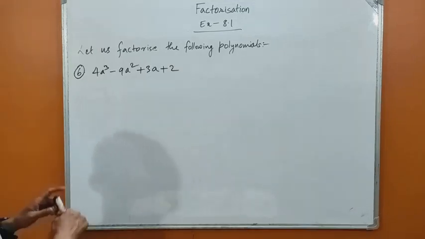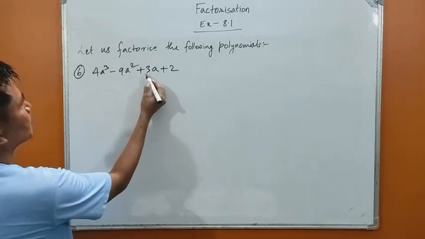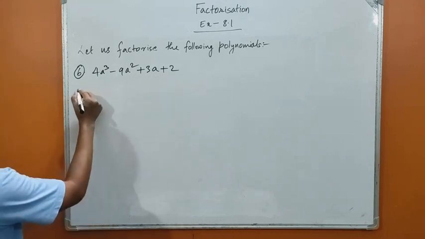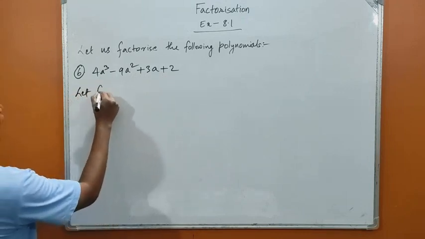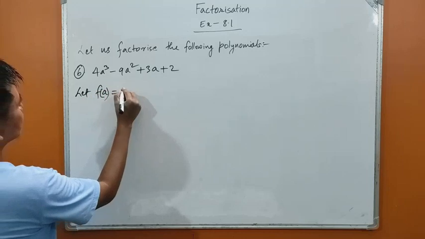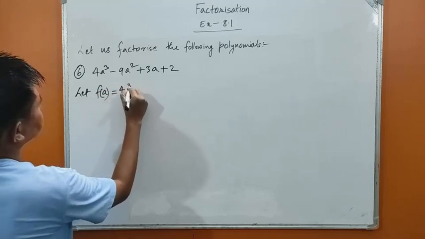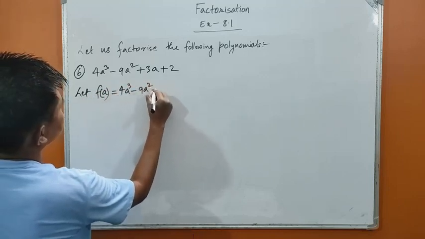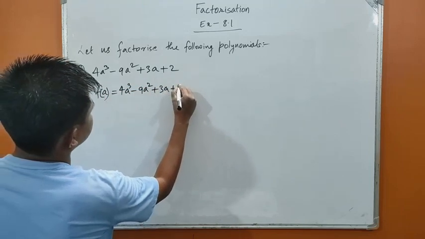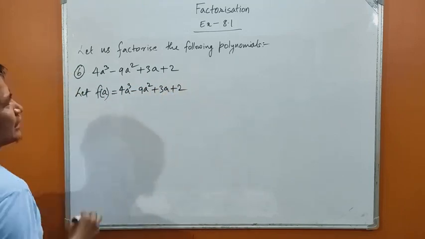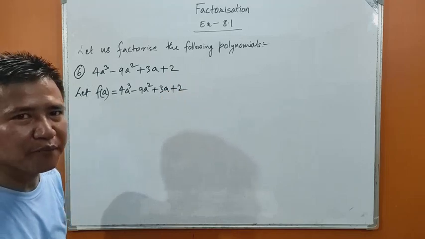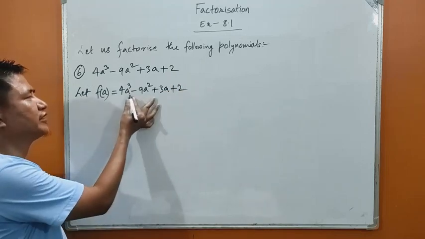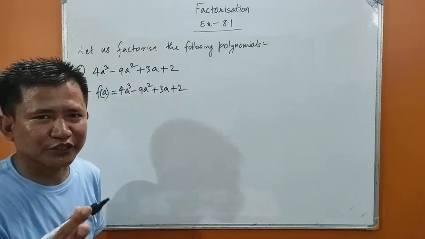Question number 6, we have 4a cube minus 9a square plus 3a plus 2, isn't it? So let f(a) equal 4a cube minus 9a square plus 3a plus 2. So let us suppose the value of a is such a number that when we put that value into this expression it becomes 0.